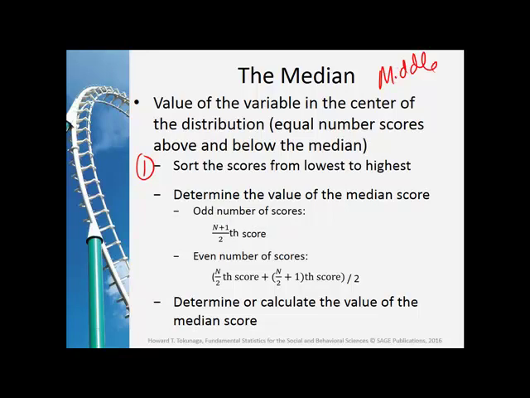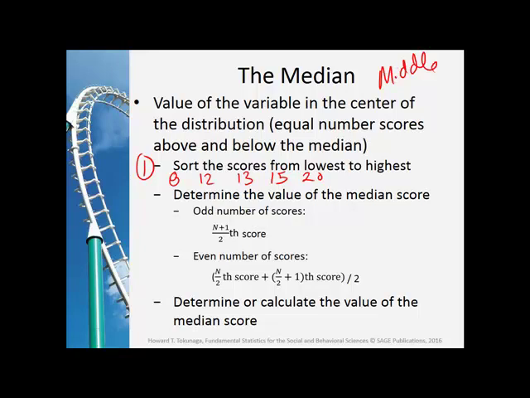If I give you 5 numbers, you want to put them in order from lowest to highest. And then to determine which of those 5 scores is the median, it depends upon how many numbers are actually in your data set.